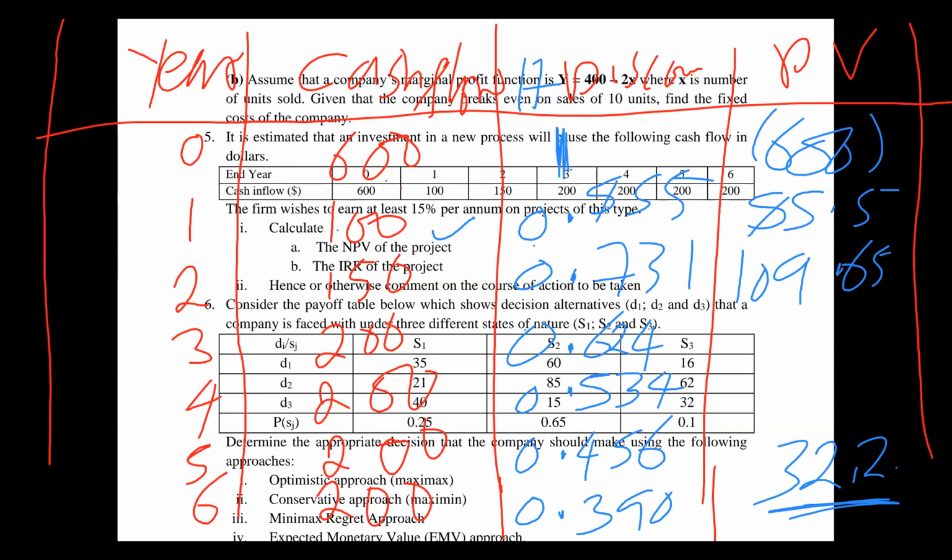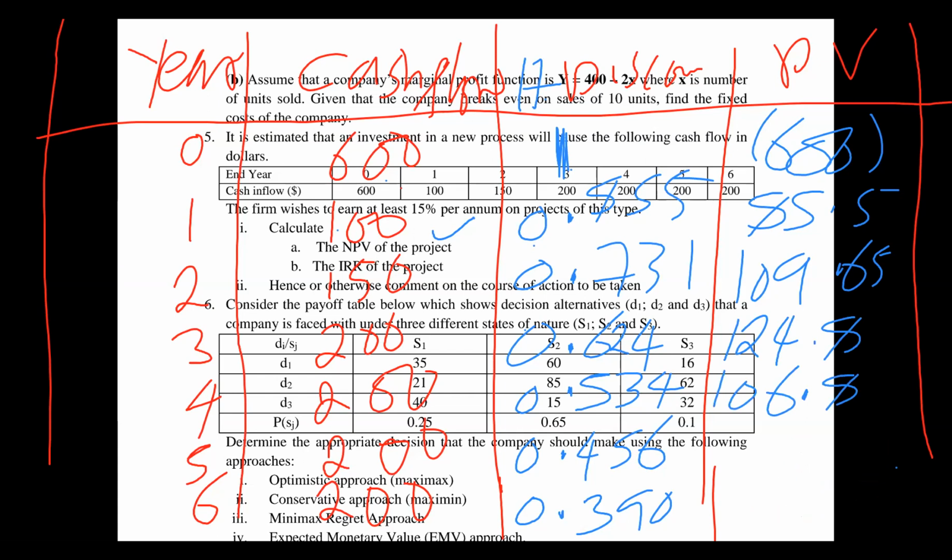Then 200 times 0.624, you get 124.8. And you get 106.8, and 91.2, then 78 when you say 200 times 0.390.